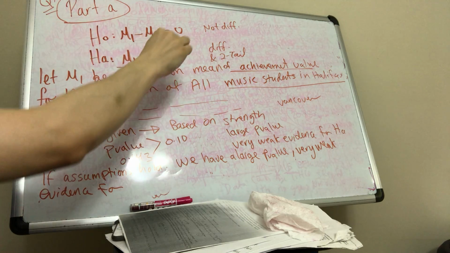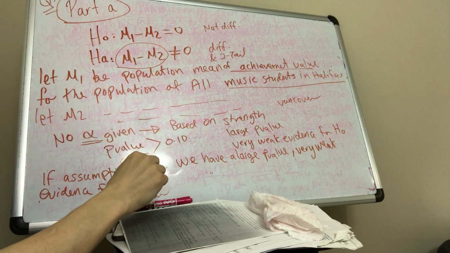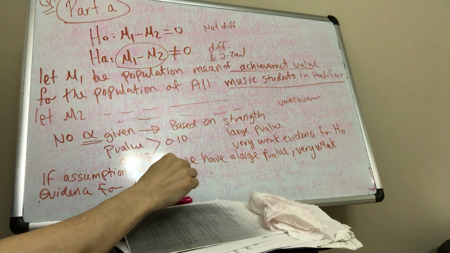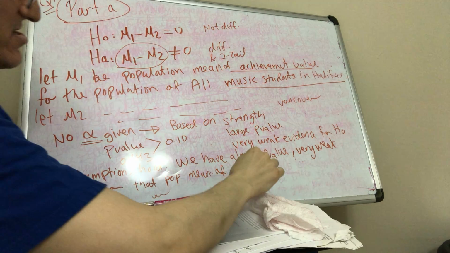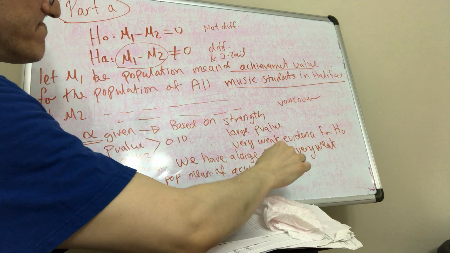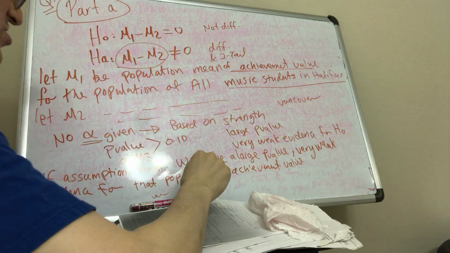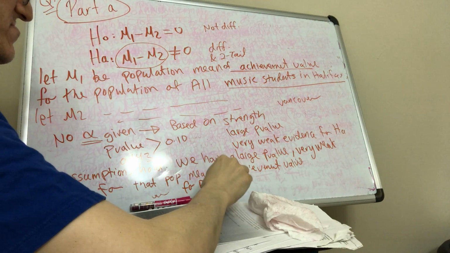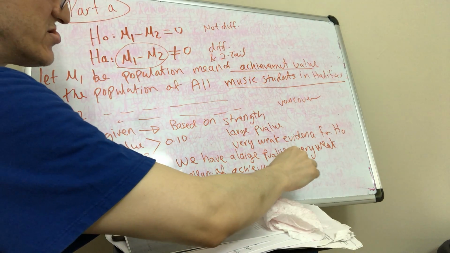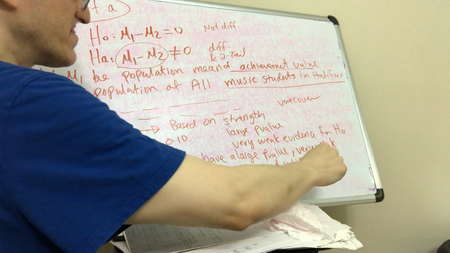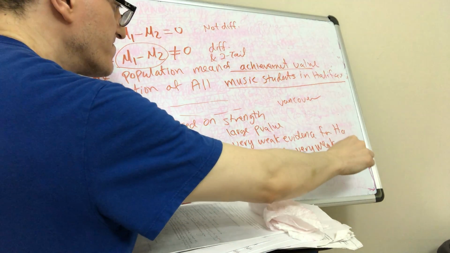But instead of HA, that the population mean of achievement value for the population of all music students in Halifax and Vancouver is different.